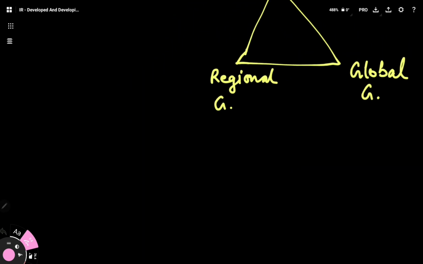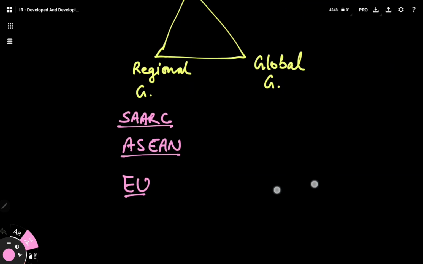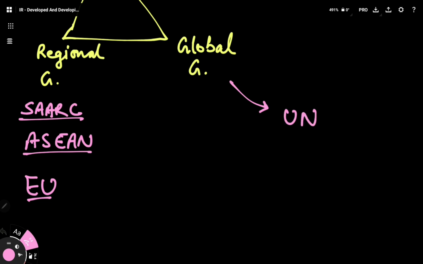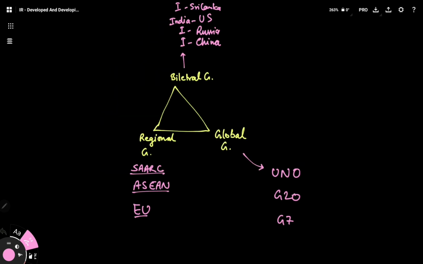Regional, like SAARC and ASEAN, European Union. These all are examples of regional grouping. And global grouping, like United Nations Organization, G20, G7. These are global groupings. Okay, so these are groupings.